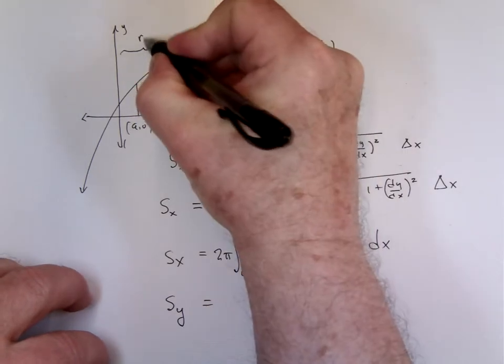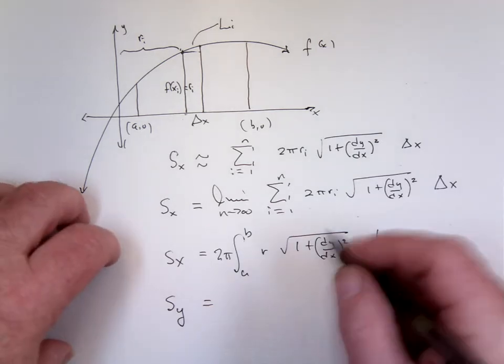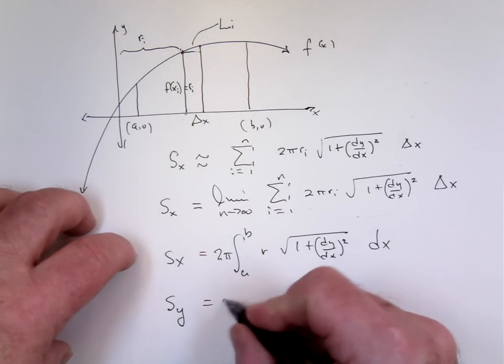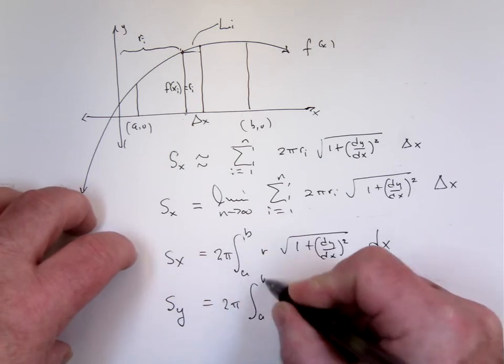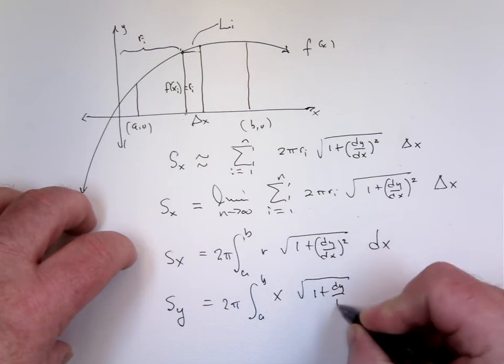What is that distance from the y-axis equal to? X. Good job. The only difference between going around the x-axis and the y-axis is this: you get an x here, because that's what the radius is.